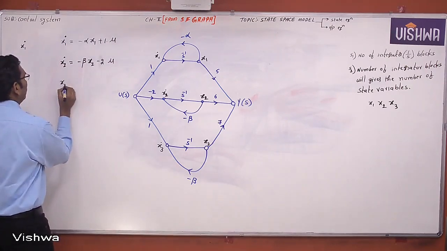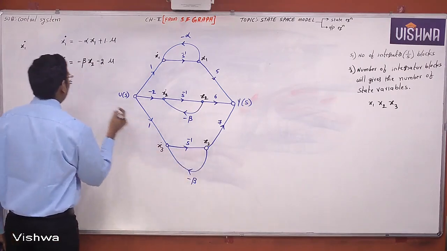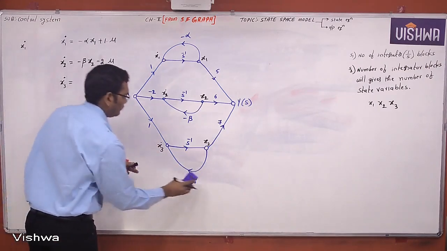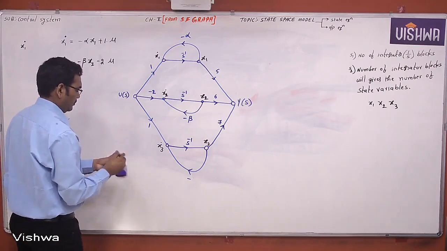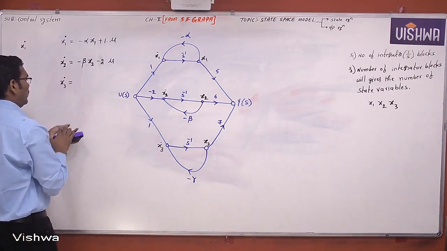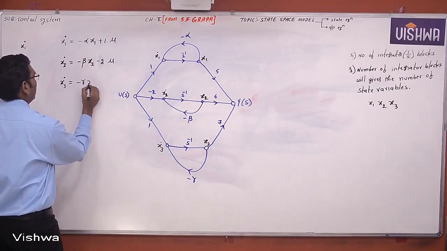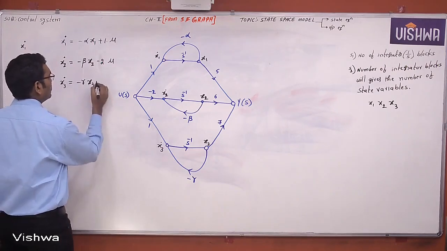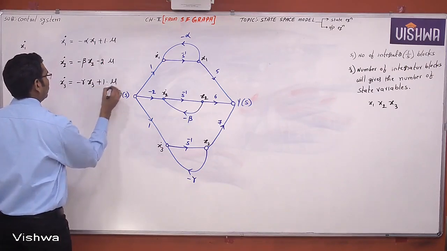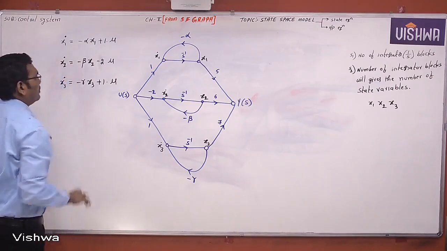Now x3 dot, x3 is coming, let's assume gamma. So x3 dot, x3 is coming with minus gamma x3, and u is coming with 1 into u. Now this is x1 dot, x2 dot, x3 dot.